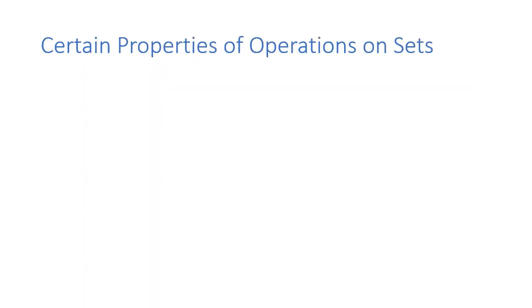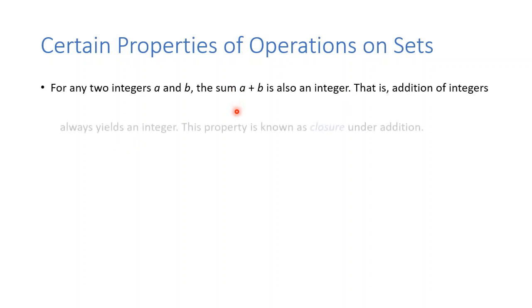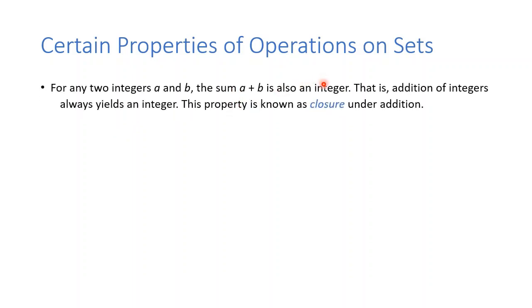Now we shall see certain properties of operations on a set. So in the integers, when two integers are added, the result is also an integer. This property is called closure under addition.